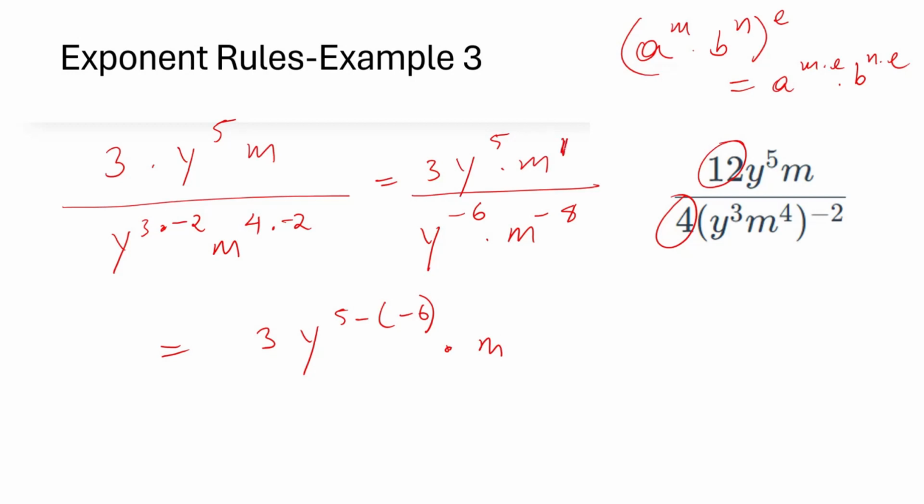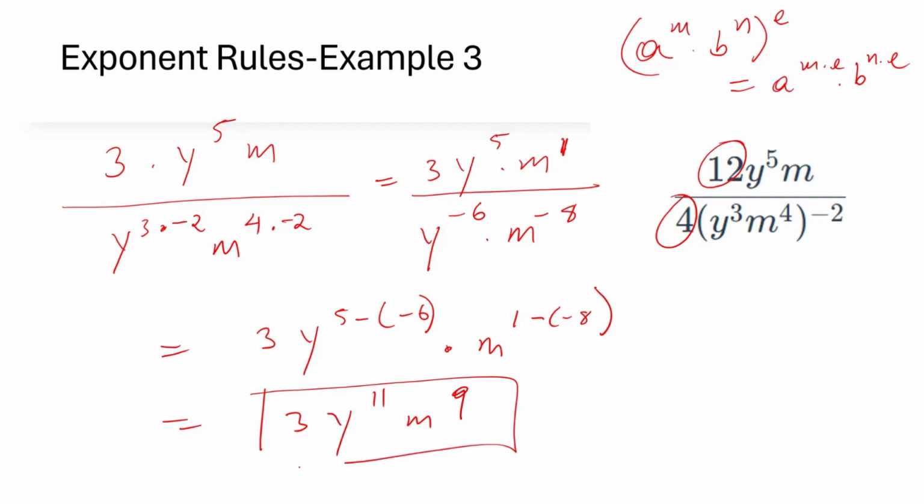Now this here is 1, if we understand that. So that's going to be 1 minus negative 8. That's going to give me 3y to 11, because negative times negative is positive. 5 plus 6 is 11. And then we're going to have m, negative times negative is positive. So that's 1 plus 8, which is going to be 9. And this completes my problem.